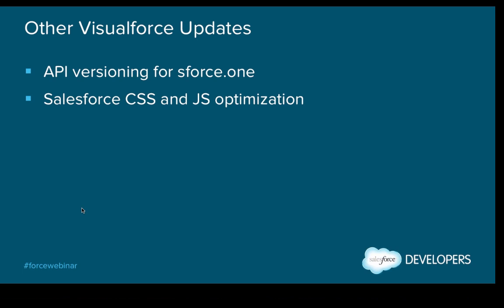We've gotten some feedback from developers that those files can be pretty hefty. There's a decent number of them, so we're going to slim those down to you before we deliver them to your pages. So with no effort on your part, you should be seeing those Visualforce pages increase their speed.